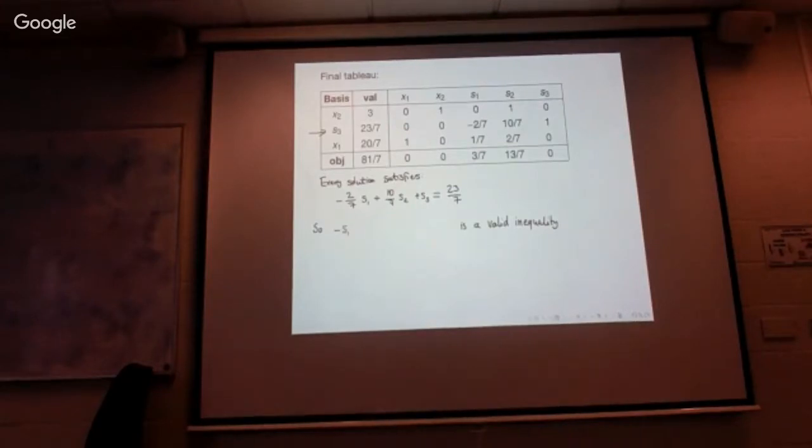Minus S1, 10 over 7 rounds down to 1, doesn't it? So plus S2 plus S3 is less than or equal to, and rounding down the right-hand side, it's just over 3, so rounds down to 3. Do you agree? I did all the steps in one now. Hopefully everybody is okay with that.